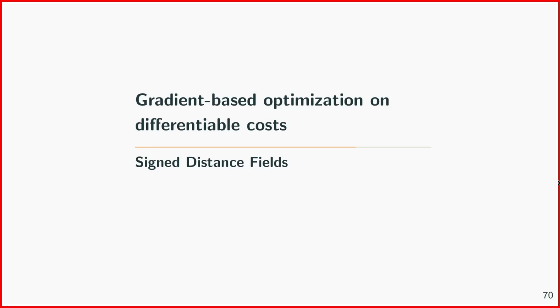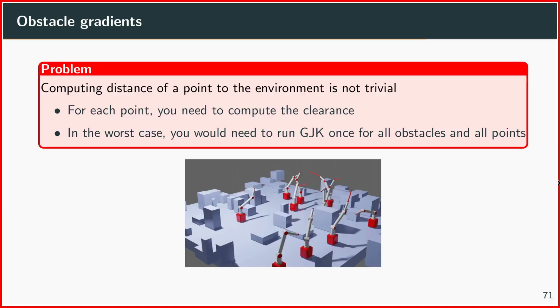Let me start first with signed distance fields. Those are a way of how you can compute distances very efficiently, very cheaply. The signed distance field is required because we have this big problem: if you want to compute distances of a point to the environment, this is usually not very trivial, because for each point you need to compute the clearance.